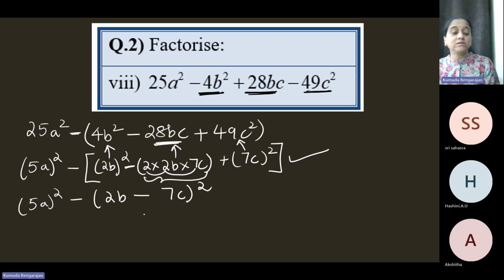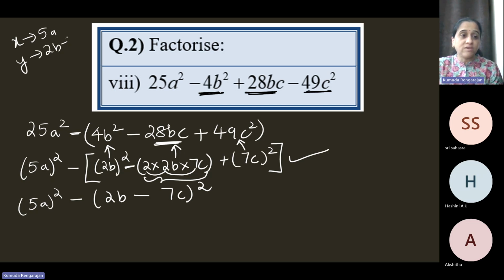Now it's further of the form x squared minus y squared. See here, x squared minus y squared, where x is 5a and y is 2b minus 7c. This is further of the form x the whole square, where x is 5a, and y the whole square, where y is 2b minus 7c.